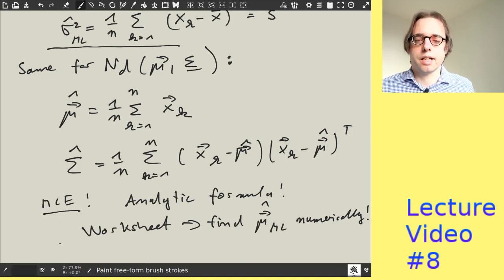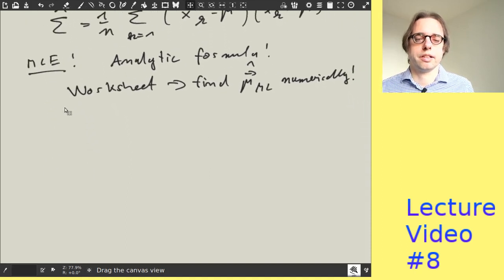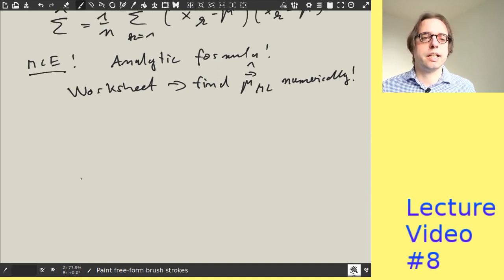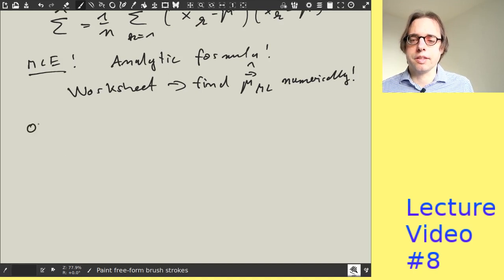So these are maximum likelihood estimates, but you can also derive it analytically, but we'll do it numerically just for doing something different. In the lecture notes you'll find a little bit more info. In particular, you'll also find about other notations.